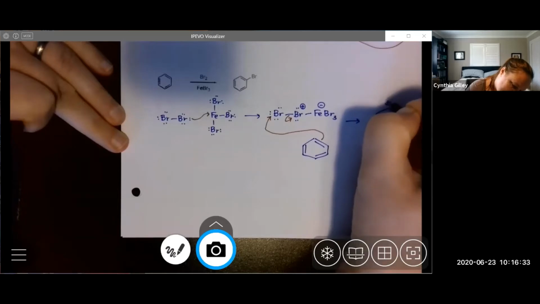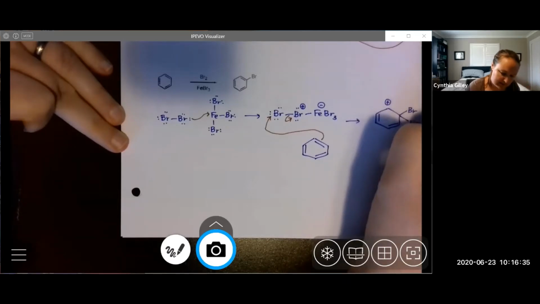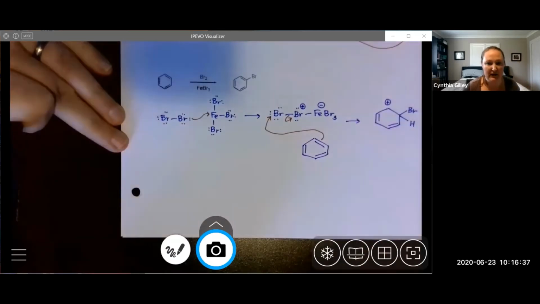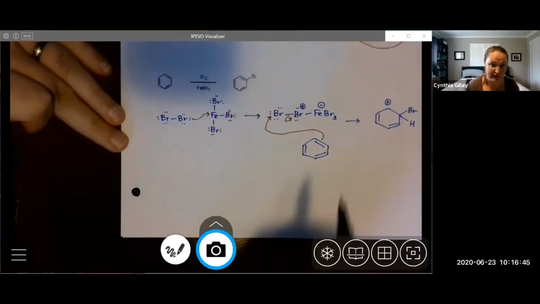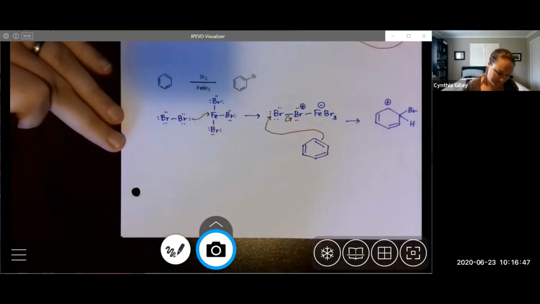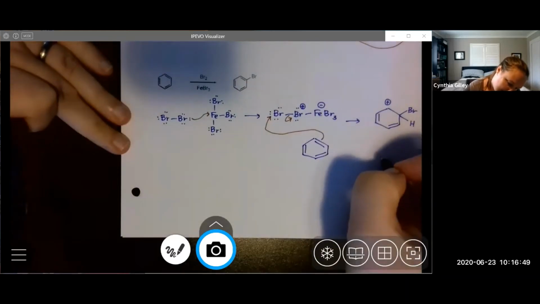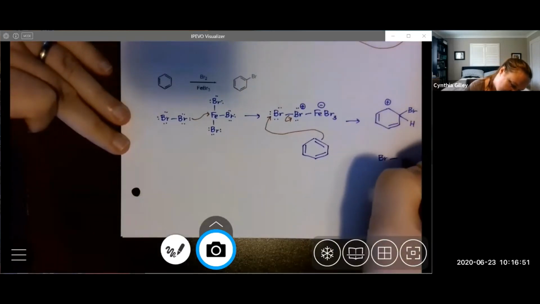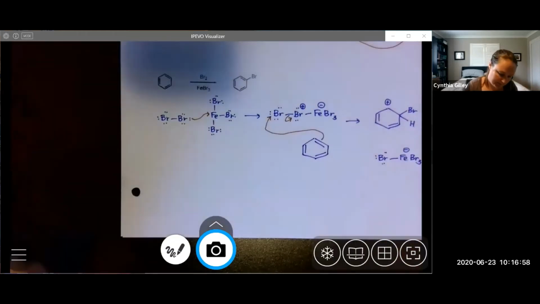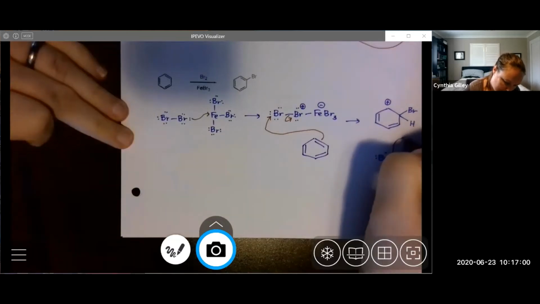And at this point, I draw in this hydrogen attached to the same carbon as where the bromine got attached, because we need to show the proton transfer. So at this point, even though it's not drawn in initially, draw it in eventually. And then the leaving group actually acts as the base. So you can go ahead and draw that in, then show it doing this.